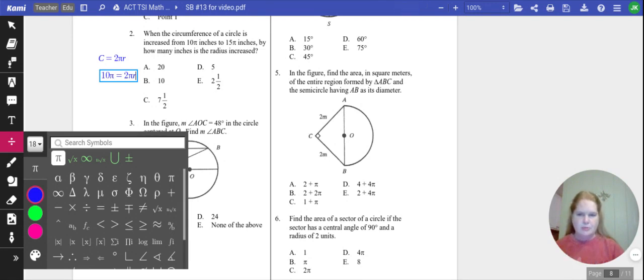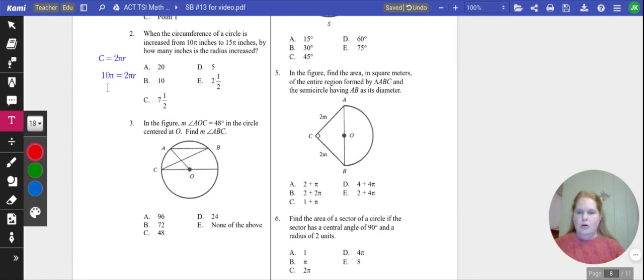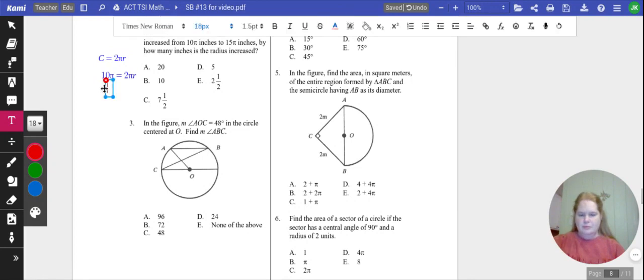If I divide both sides by 2 and pi, 10 divided by 2 is 5. That tells me that r is 5. That's how big the radius is in the beginning.